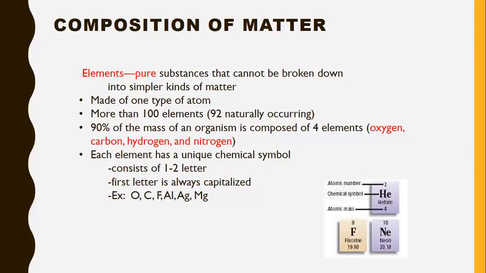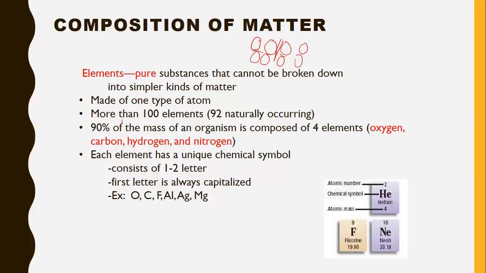So elements. Elements are pure substances that cannot be broken down into a simpler kind of matter. So what does that mean? Let's say we have an element, right? An element is composed of these atoms. Let me find my screen. Okay, so composed of its atoms, we'll make them little circles. This is our element.